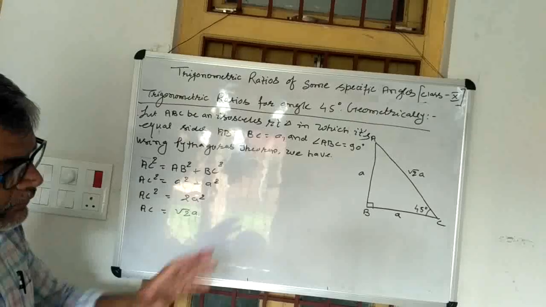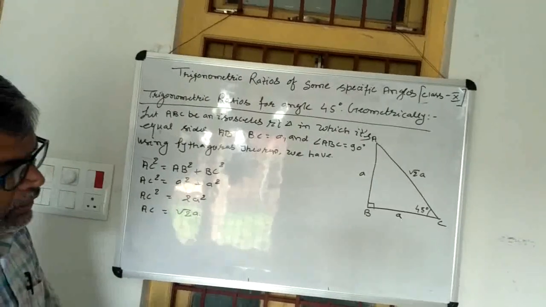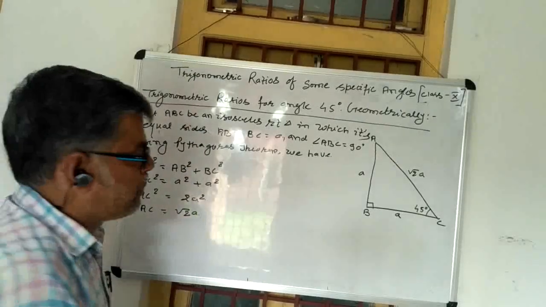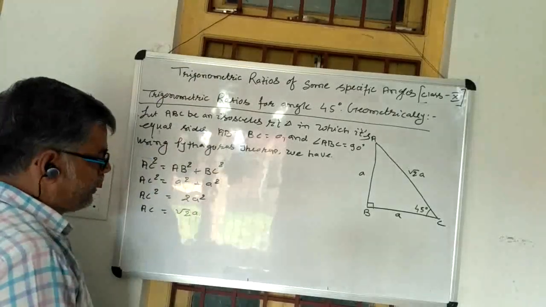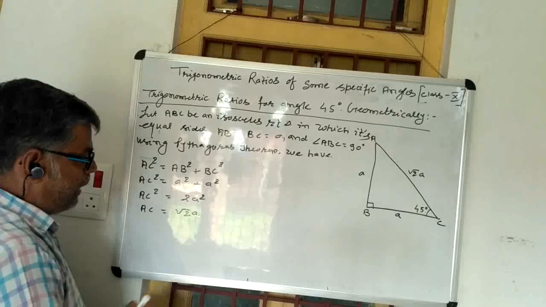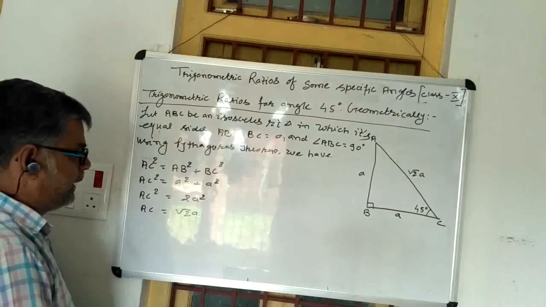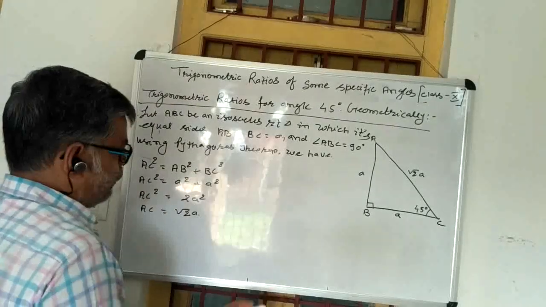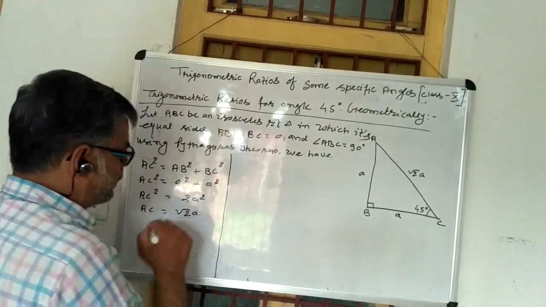Now we have to find the value for trigonometric ratios for the angle of 45 degree. So our angle C is 45 degree. A is also 45 degree.